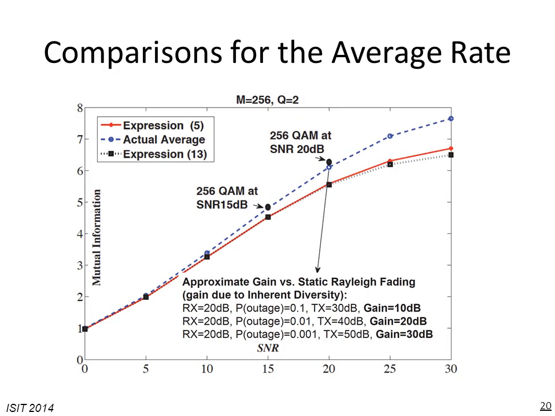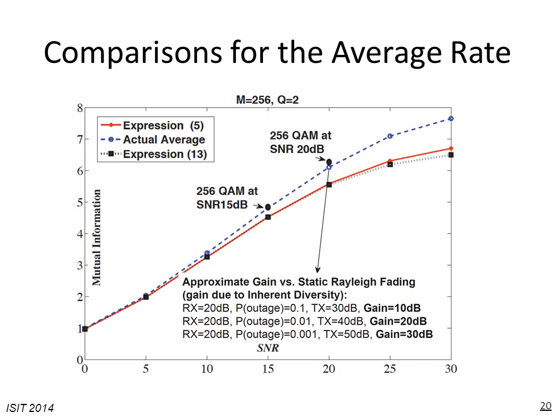Here I have another curve in which we look at the average rate, meaning the statistical average of the achievable rate averaged over different realizations of the random constellation for a 256, 2-dimensional media-based modulation. Those black dots are the mutual information corresponding to 256 QAM.